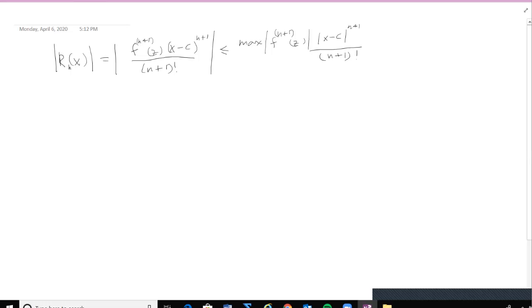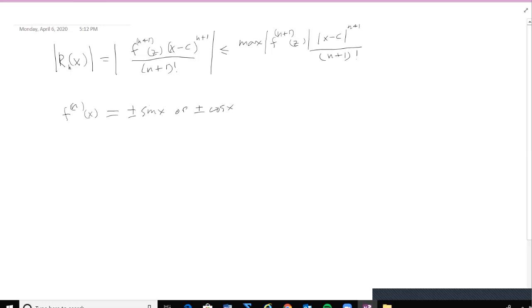For this function, we saw from the last example that the derivatives are going to be plus or minus sine of x or plus or minus cosine of x.